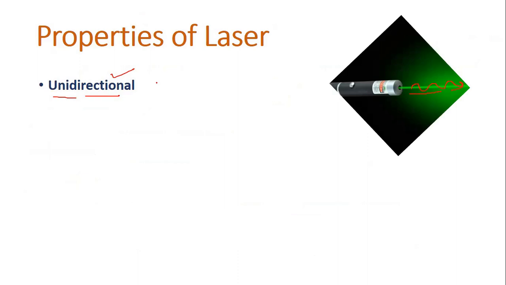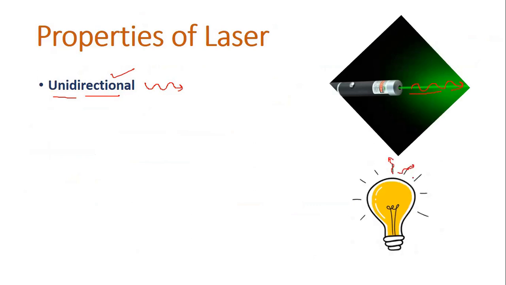So unidirection means the photons move in a particular direction. But if you look at an ordinary source of light, photons move in all the directions. So if we have to differentiate between laser and ordinary source of light, you can say that in case of a laser, photons travel in one direction, but in case of an ordinary source of light, for example a bulb, photons move in all the directions.